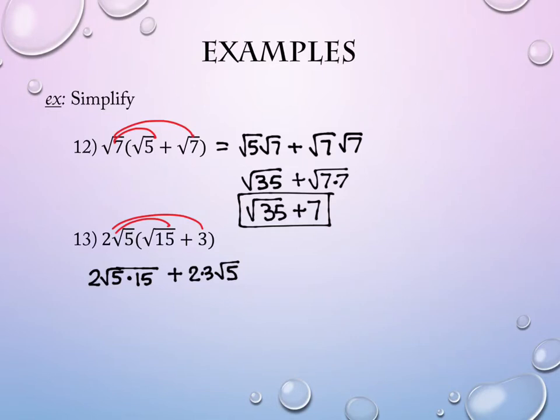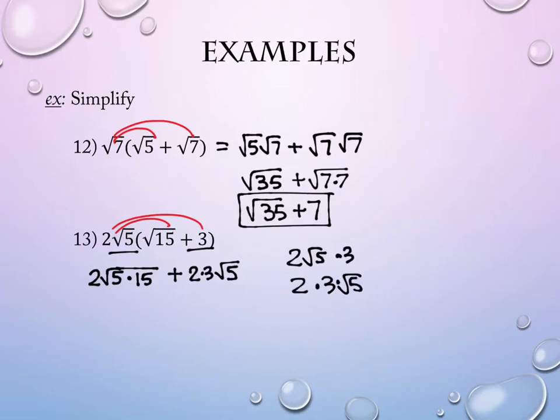The rule of thumb is that the numbers on the outside get multiplied by the numbers on the outside, and the numbers underneath the radical get multiplied by the numbers under the radical. The reason I'm able to do that is because it is multiplication, and I can change the order around. While this literally said 2 square root of 5 times 3, I simply switch the order because that's the commutative property of multiplication.